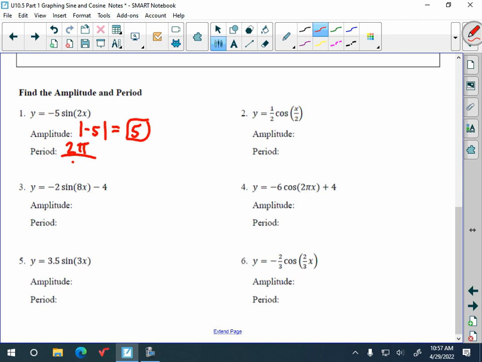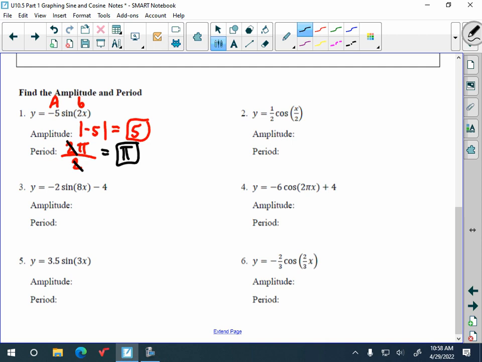So the b value in this case is 2. So again, -5 is a, 2 is our b value. So if we simplify this, it'll simplify to pi. So what this says is the horizontal distance of one cycle of the graph would be pi units long before it starts to repeat again.